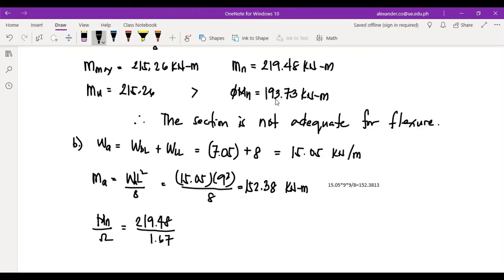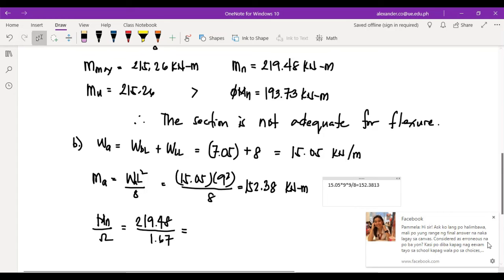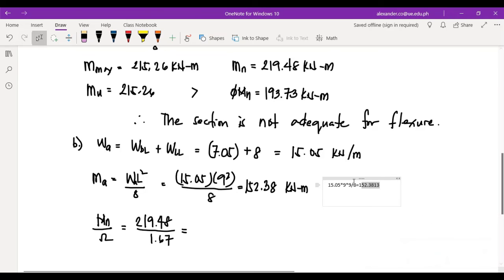Ito, hindi ko napakita, no? 219.48 times 0.9 lang naman, reduction factor yan pagdating sa flexure. So, dito, 219.48 divided by 1.67 equal to 131.43. Pasado ba?